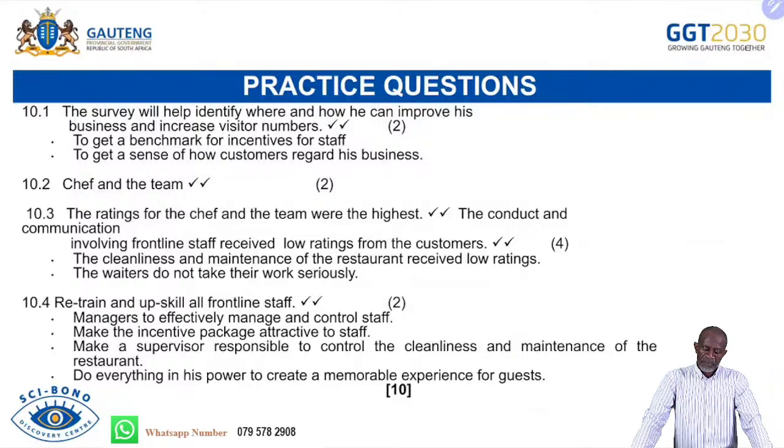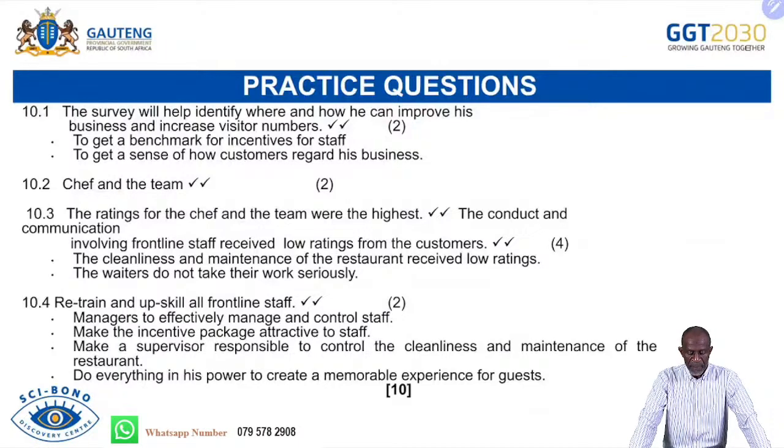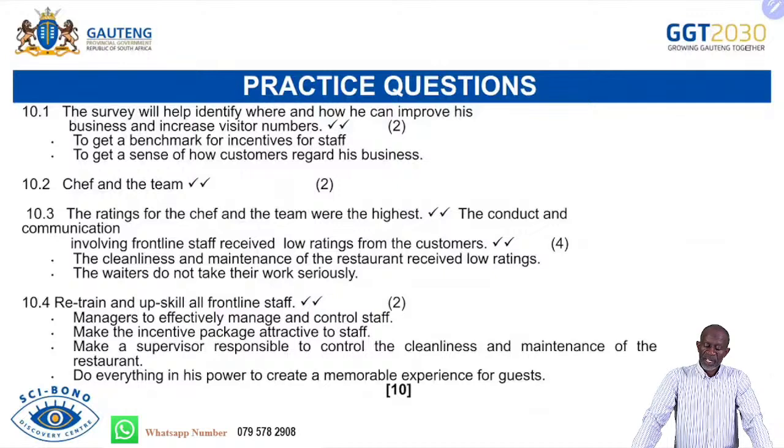Make the incentive package attractive to the staff, so they should always reward the job well done by any of their staff members. Make it a supervisor's responsibility to control the cleanliness and maintenance of the restaurant, and also do everything in his power to create a memorable experience for guests.